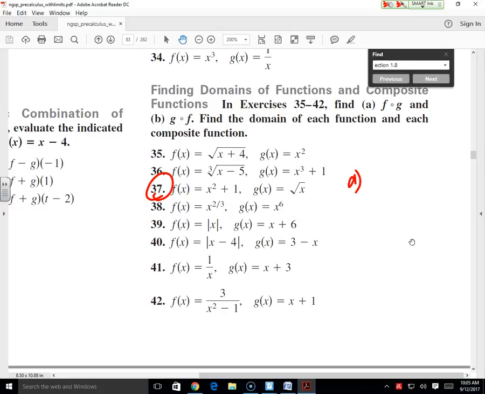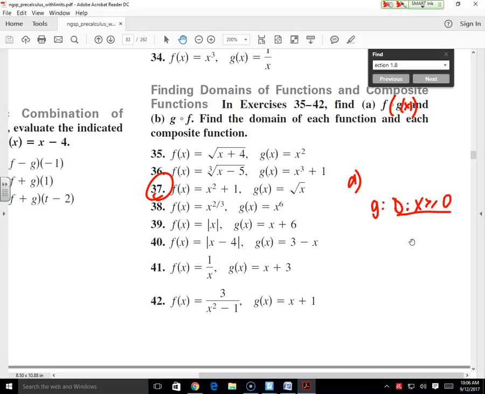Because when I go to plug G into F, this one, I have to ask myself, first of all, does G have any domain problems? Does G have any domain problems? Yes. For G, what does X need to be greater than or equal to? Or X within bracket 0 to infinity parentheses. X has to be greater than or equal to 0 before G ever gets plugged in.